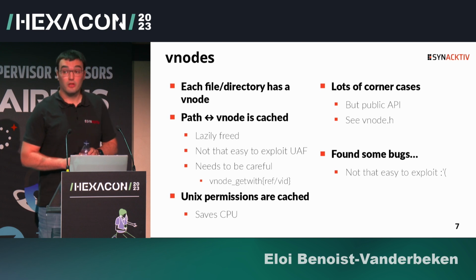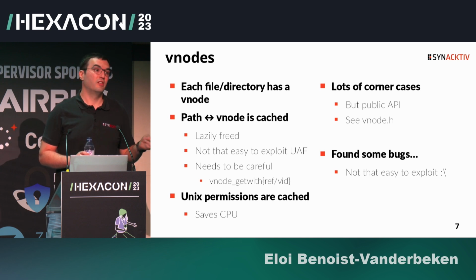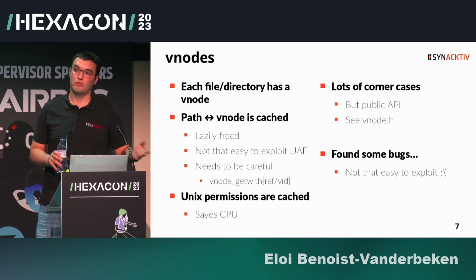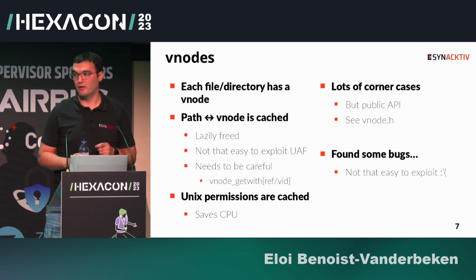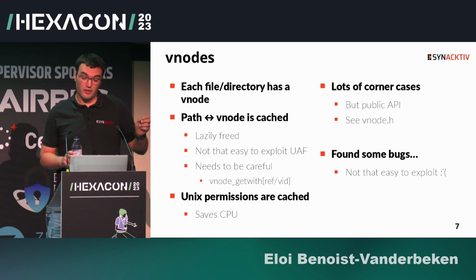Of course, there are a lot of corner cases, but the good thing is that there is a public vnode API, because file system developers need to manipulate vnodes to implement their own file format. Everything is public in vnode.h.